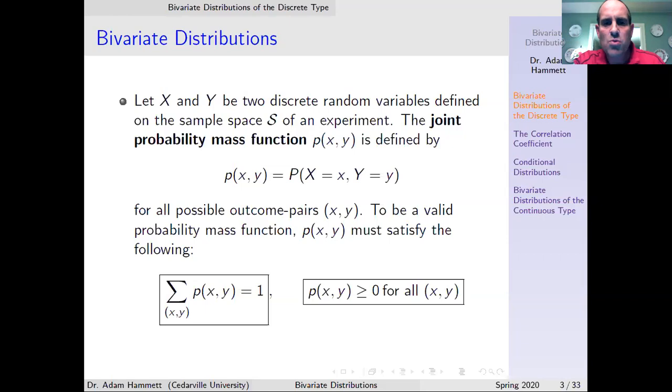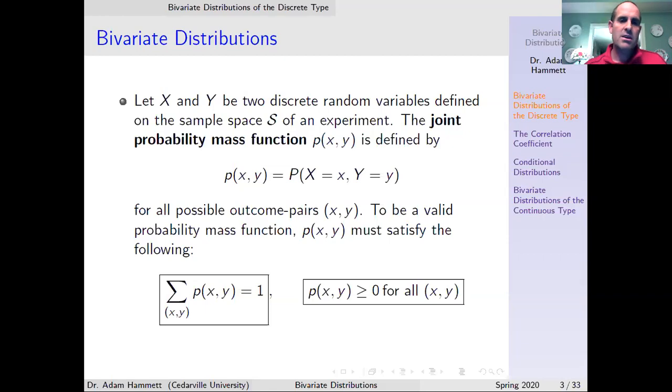So P of X, Y. Remember, before, P of X was the probability that the random variable X was equal to little x. Here we have P of X, Y, where X, Y is an ordered pair of possible outcomes for the random variable X and the random variable Y, with little x corresponding to capital X and little y corresponding to capital Y. P of X, Y is just defined to be the probability that X is equal to little x and Y is equal to little y.